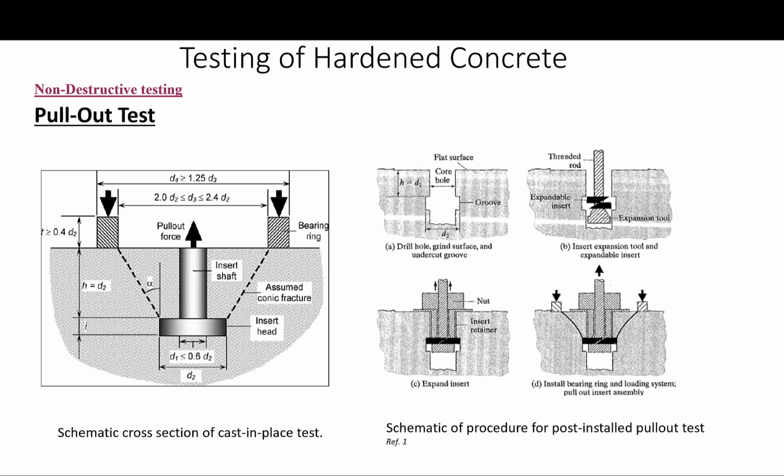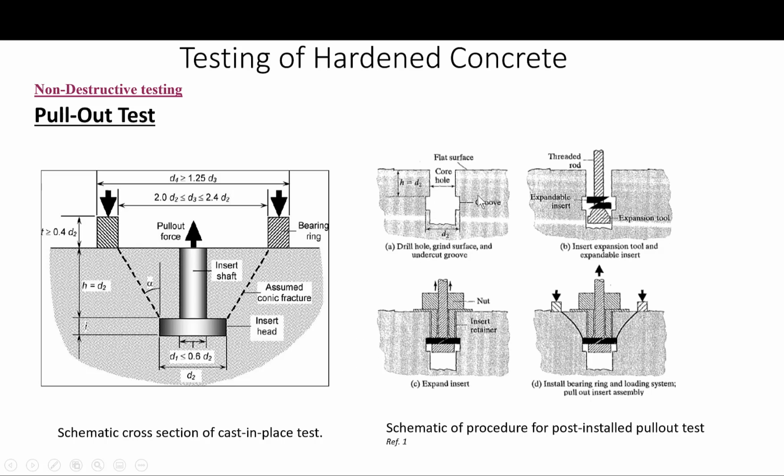So the arrangement is as follows. This figure here shows the arrangement for a cast-in insert. Something is cast during the placement of concrete. And sometimes we do not have a cast-in insert because nobody thought that we were going to need to determine the pull-out capacity of the concrete 2 years later.